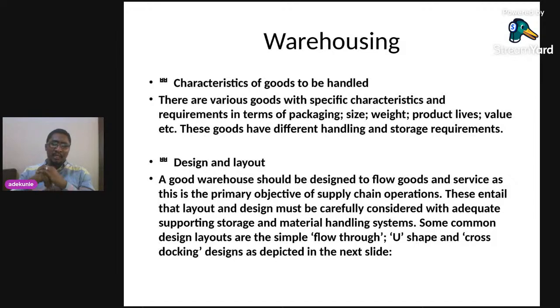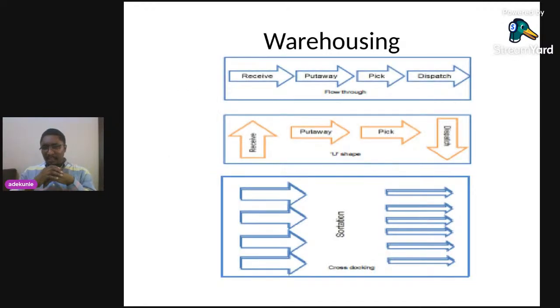When you design, this entails that the layout is designed in the most careful manner, using some of the known forms of warehouse design, such as the through flow, like you see in the first diagram, where goods are received, put away, the order comes in, it is picked, and it goes straight out of the back door.